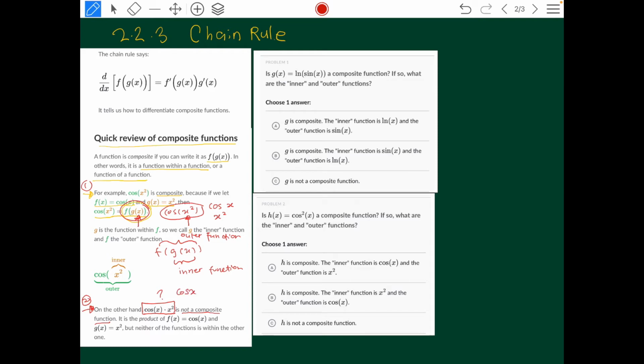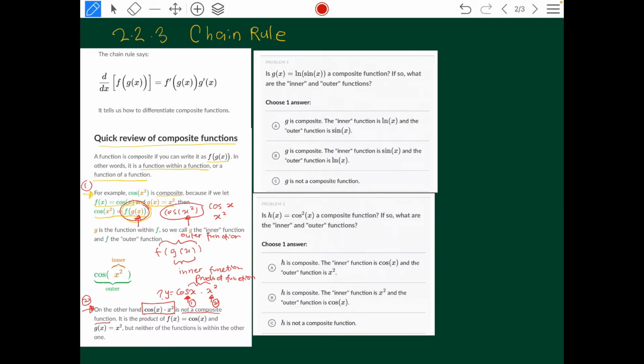Cos x times x squared is merely a product of functions, because we have two different functions, cos x as the first function and x squared as the second function. So this is just a product function. We can write it as y equals cos x times x squared.